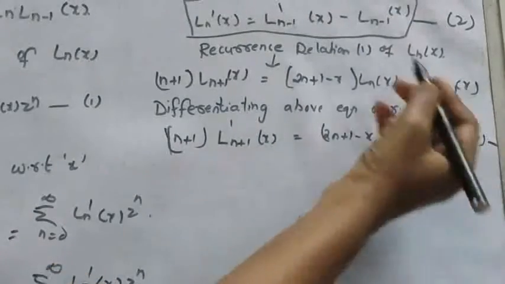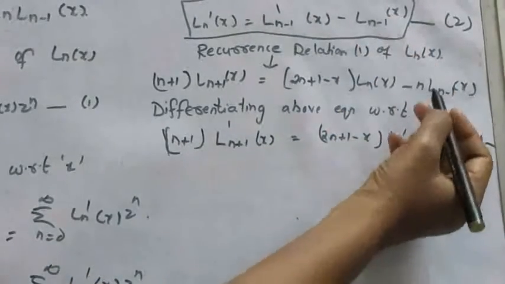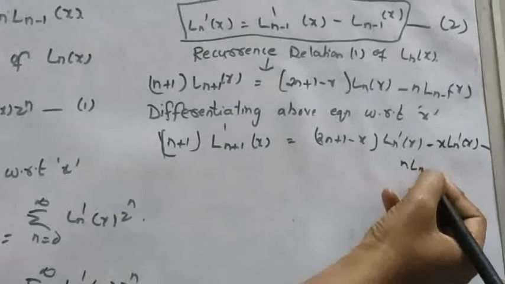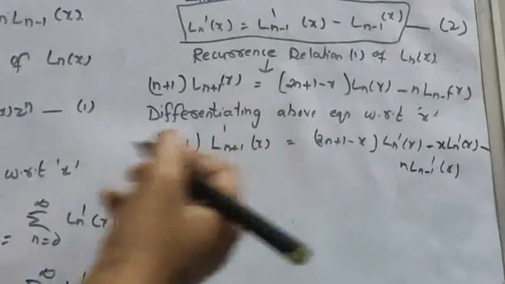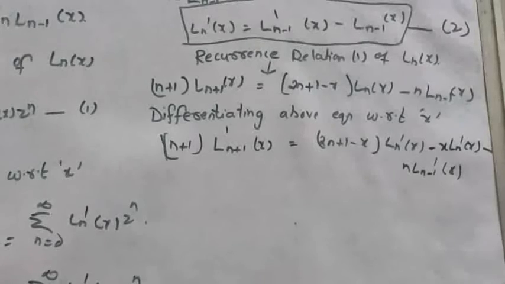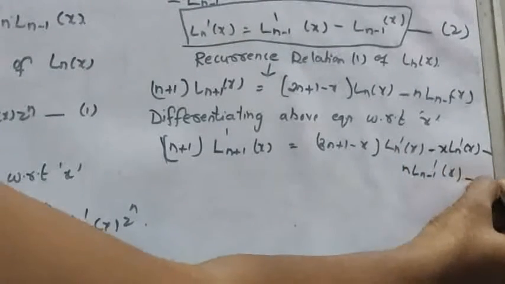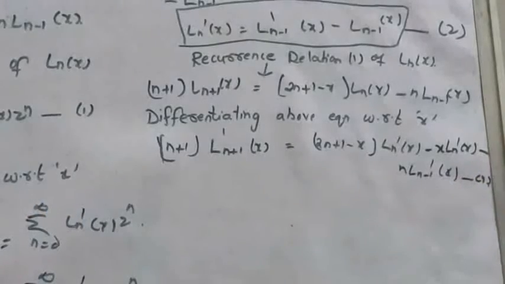Next, minus the differentiation of this term, what will you get? N Ln minus 1 dash of x. Now consider this as equation number 3.